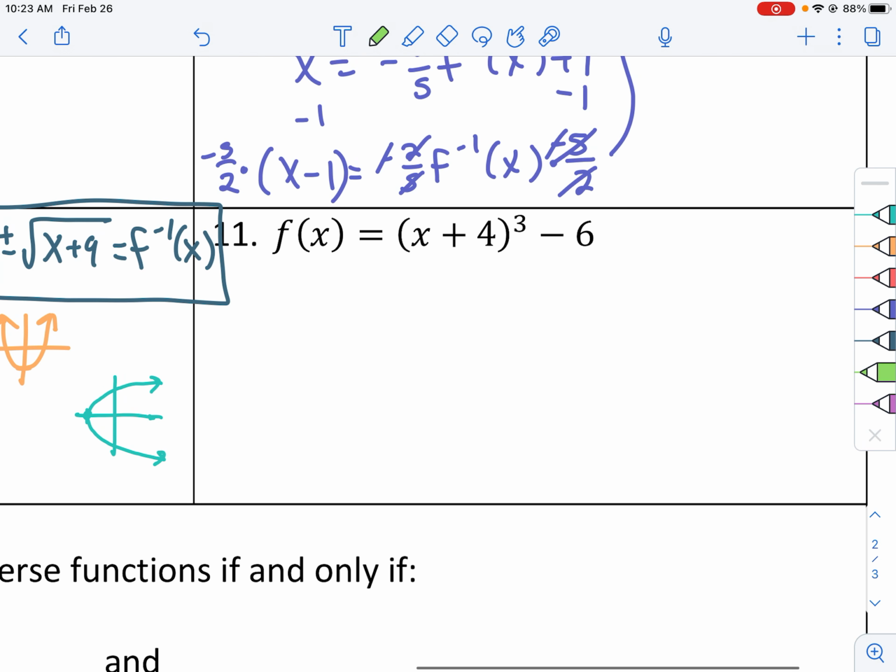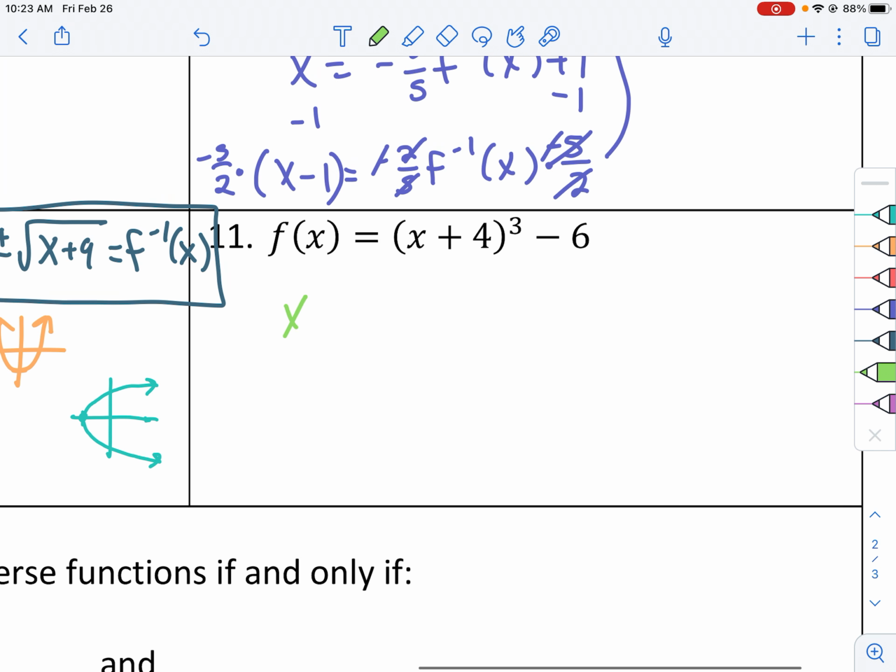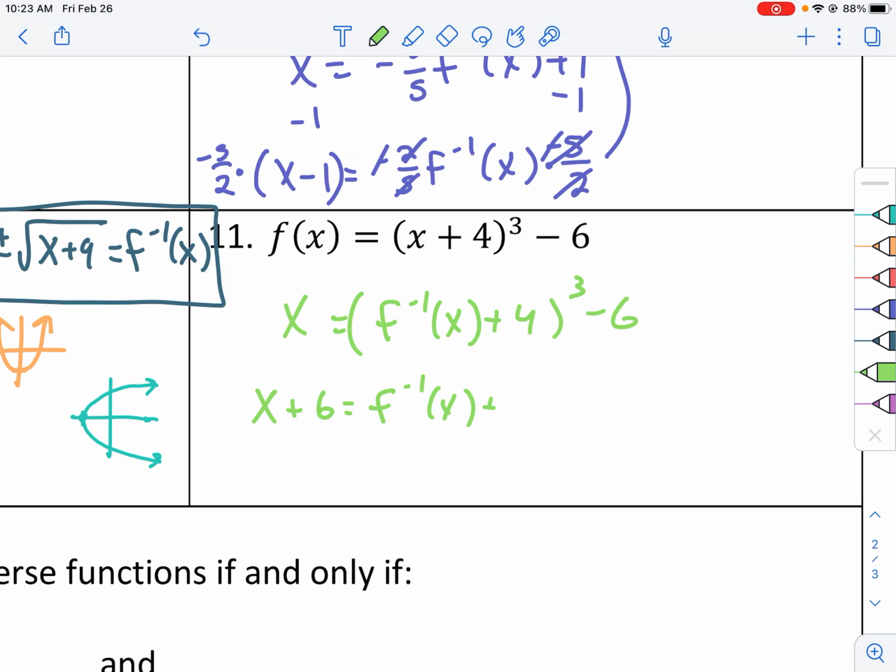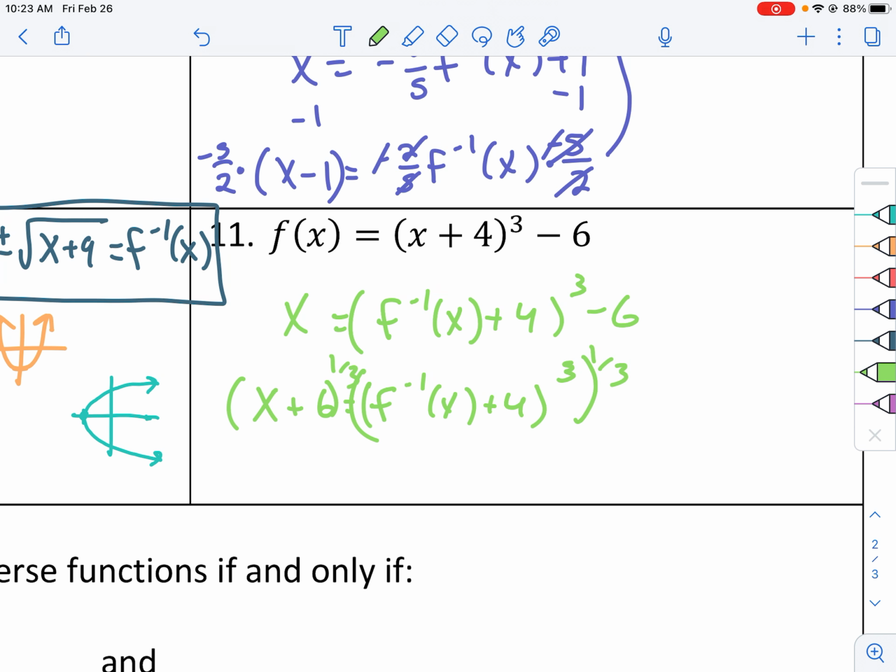Okay. Last one here. Swap the x and the f of x, so x equals f inverse of x plus 4 cubed minus 6. So that's x plus 6 is equal to f inverse of x plus 4 cubed. Raise each side to the 1/3 power.